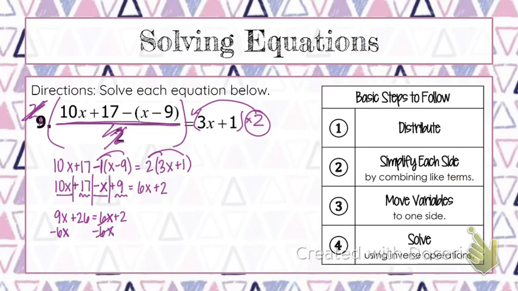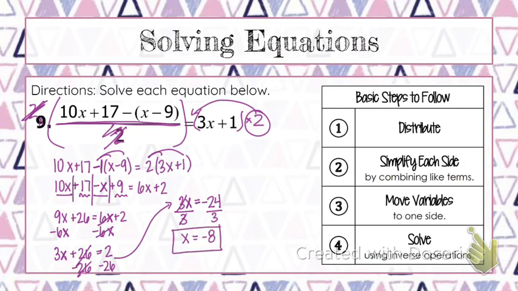So subtract 6x from both sides, and we get 3x plus 26 equals 2. Then I'm going to subtract 26 from both sides. Those will give me 0. And then we'll be left with 3x equals negative 24. Divide both sides by 3. 3 over 3 is just 1. So we'll get x equals negative 8. And that's our final answer.